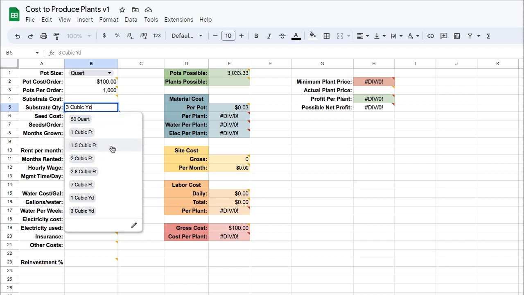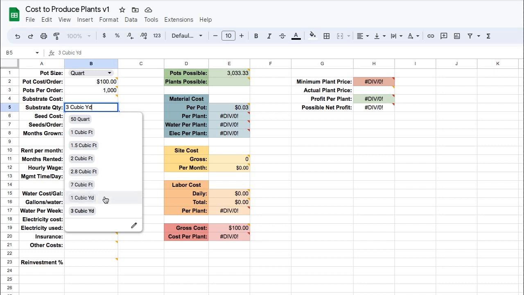So these sets right here will be generally what you are looking at. But once you get into the larger compressed bales of substrate, like those from ProMix or others, you're going to be looking at 2.8 cubic feet or 7 cubic feet or up to cubic yards of size.